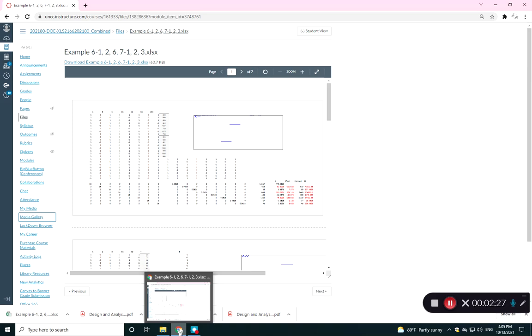I think part of the problem is, 2 years ago, when I gave the exam or homework of this class, I didn't give the Excel file. I just gave the PDF and asked everybody to develop the Excel step by step.